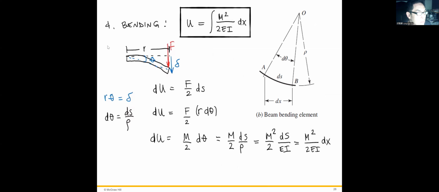And then for bending, as already discussed previously, U equals M squared divided by 2EI. I'm going to skip this mathematical work, or rather you can study it by yourself. It's not so difficult.